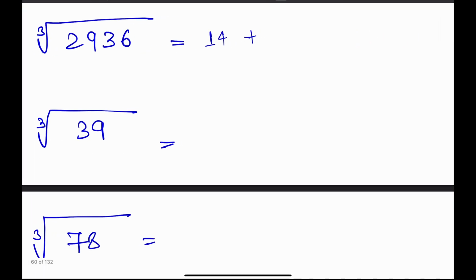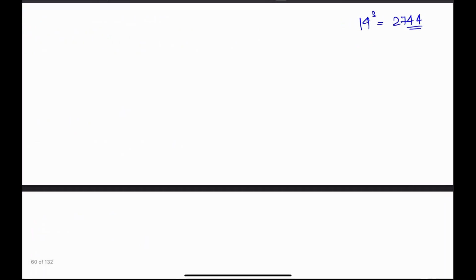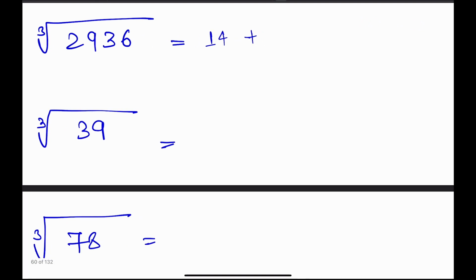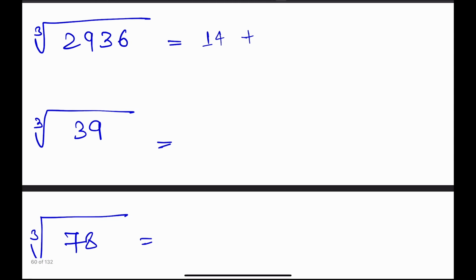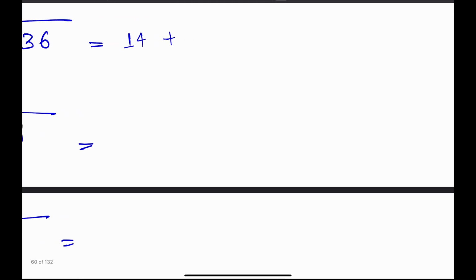Then add 100, then 2900, so 156. 156 plus 6 is 162. 162 plus 30 is 192. 192 into 3 into 14, 196.